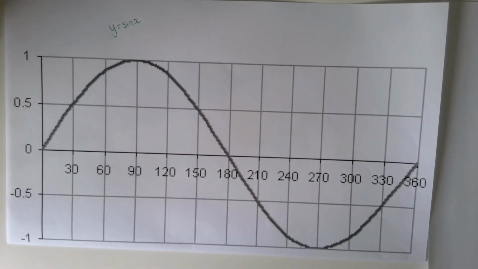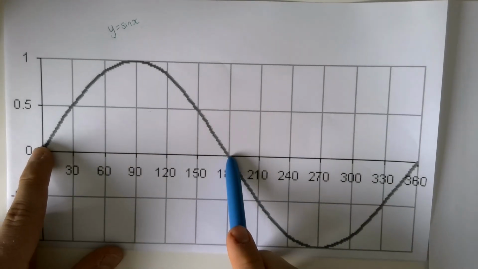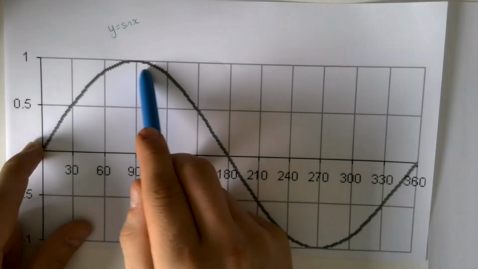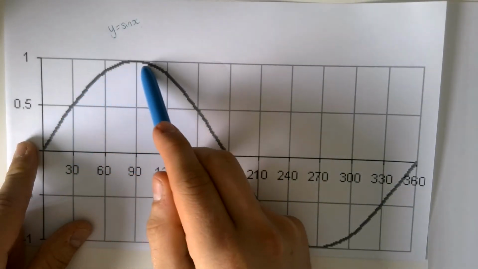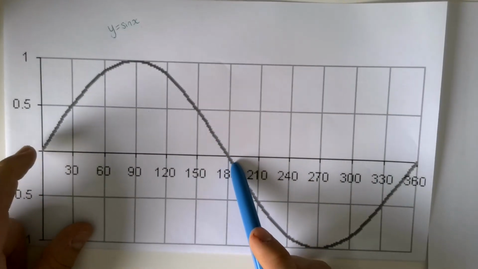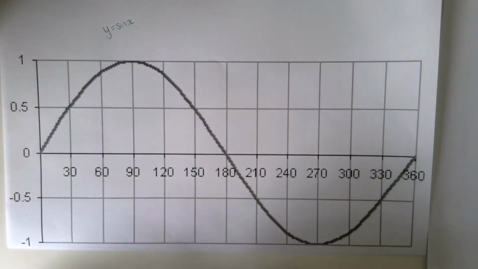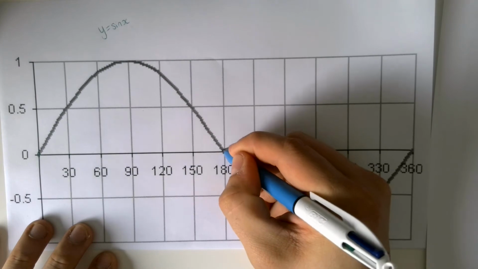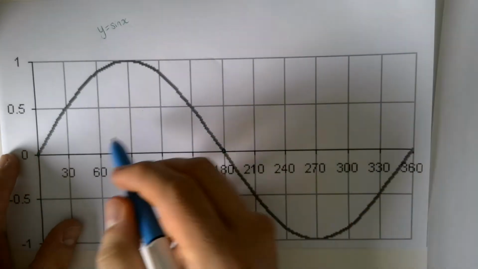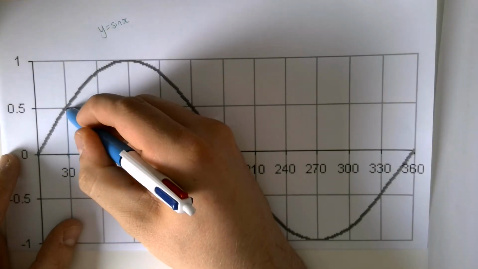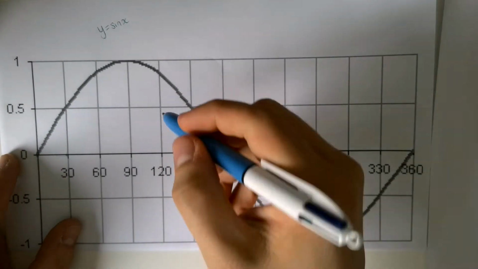Something that you also should know is that there is a symmetry in these graphs. Each section of this wave, of this curve, is symmetrical. So you will notice if I find my start point and my end point of this little section, so both at 0, if I go 30 across and up, I get 0.5.